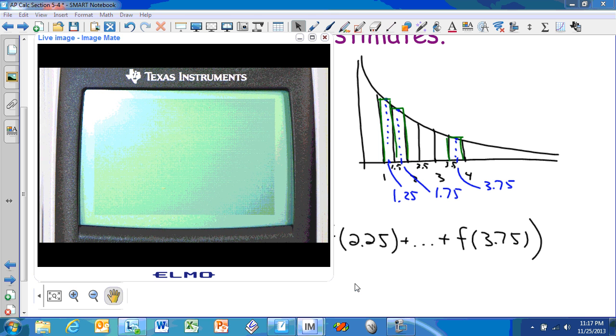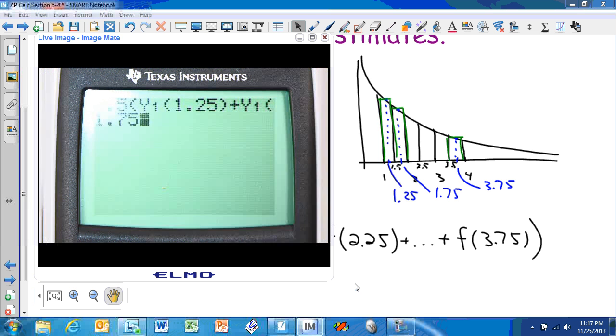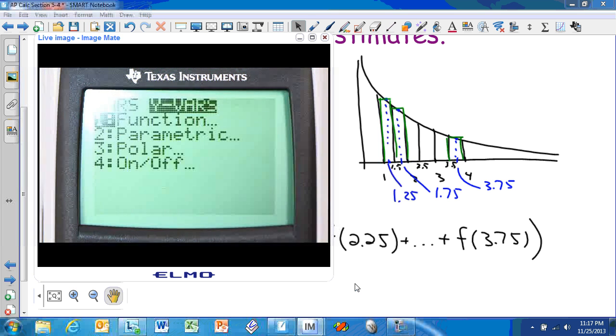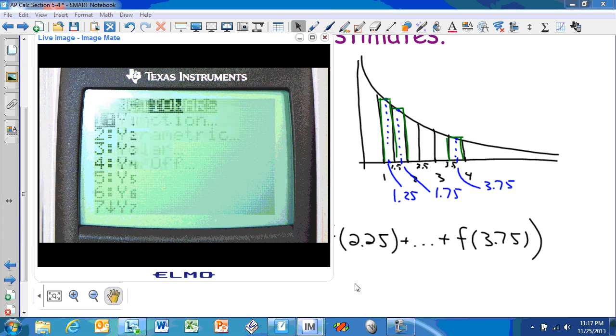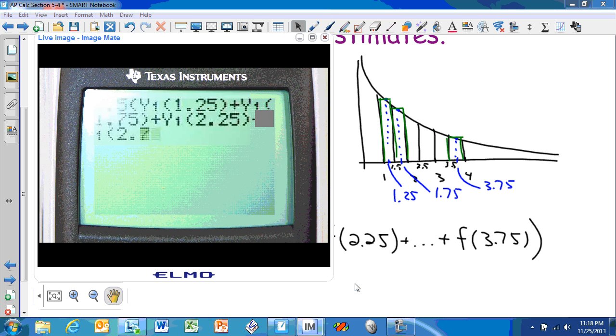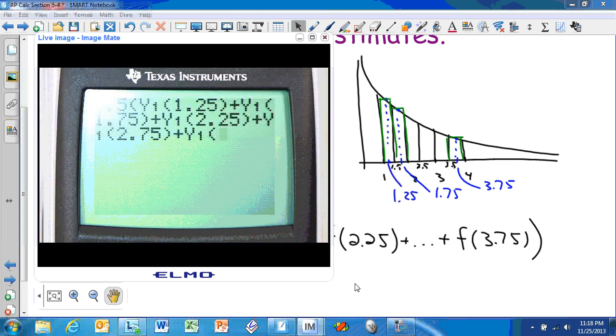And I'm just going to calculate this right from the home screen, just like we had up there on the board using function notation. So it was 1/2, and then you take your function, which is in y1, and evaluate it at 1.25 plus y1 at 1.75 plus y1 at 2.25, and add on y1 at 2.75, y1 at 3.25, and the very last one, y1 at 3.75.